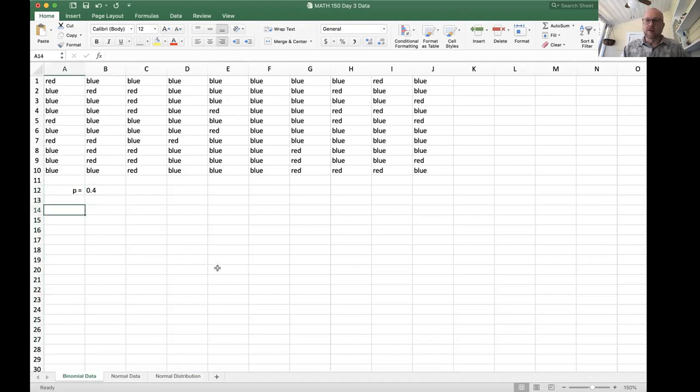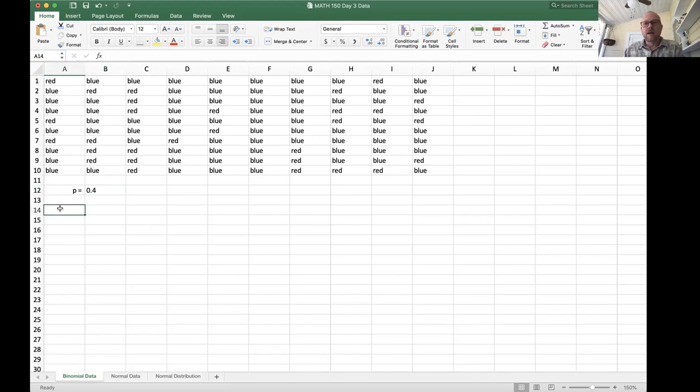So I'm going to say that the p is equal to 0.4. As a matter of fact, with what we're working with, it might even make sense to go there to that B12 and just name that P.